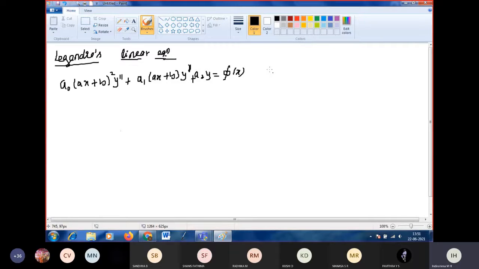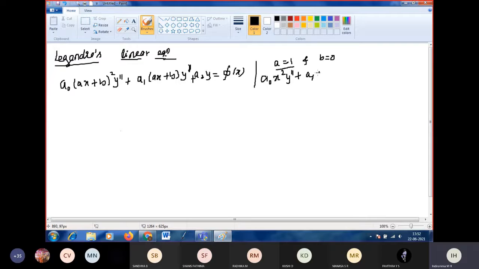Now if you put a equal to 1 and b equal to 0, what will you get? Can you tell me this equation?